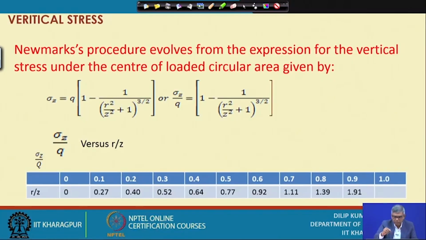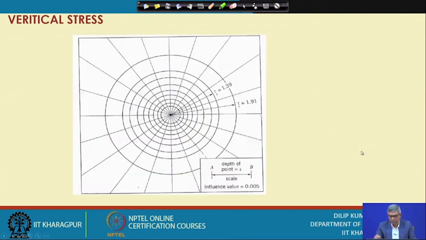So, this is the concept, and this is the way it is done already. Suppose this is the first circle, then the second circle, the third, fourth, fifth, sixth, seventh, eighth, ninth, and the 10th circle is at infinity. It need not go up to infinity, but to some finite depth where the outer part will be bigger.